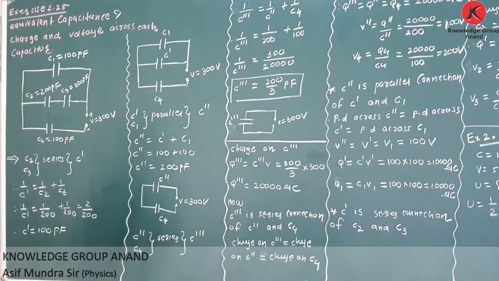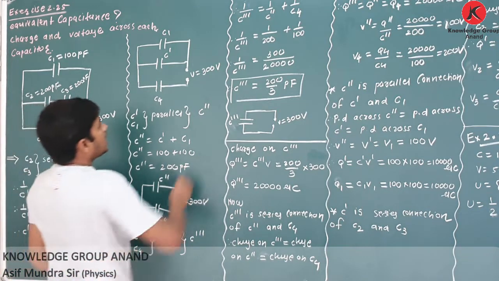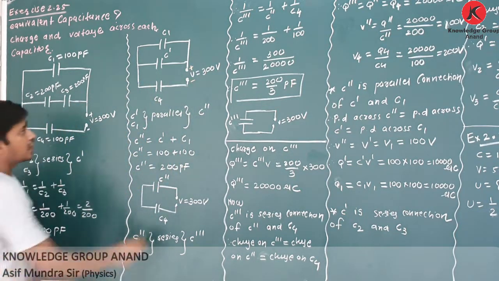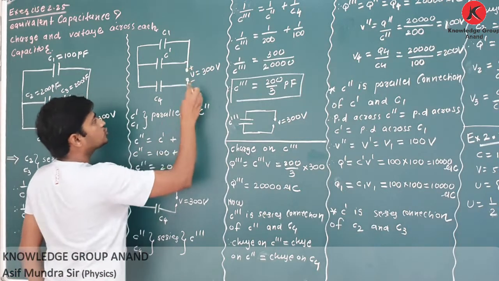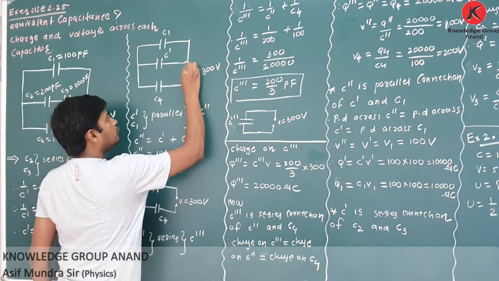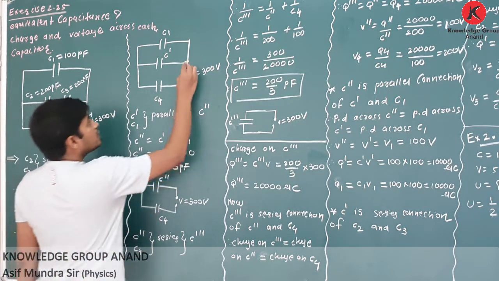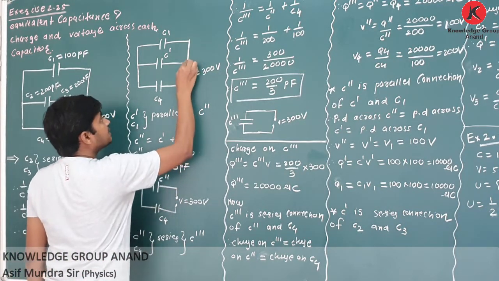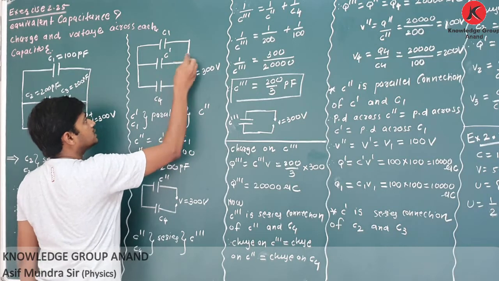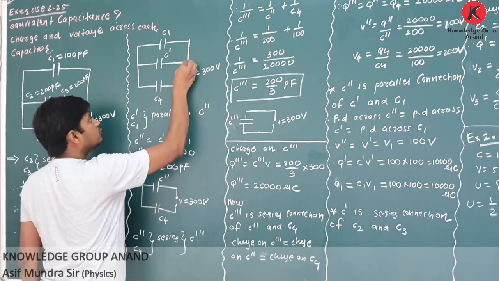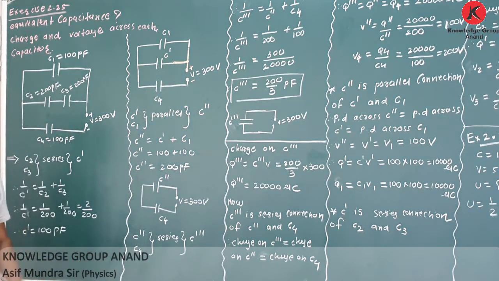Clear? Now how to check the connection? See, it is the positive terminal of the battery and it is the negative terminal of the battery. If you make charge flow, charge flows from this point, and from this point charge gets divided into these 2 branches, meaning 2 different paths.